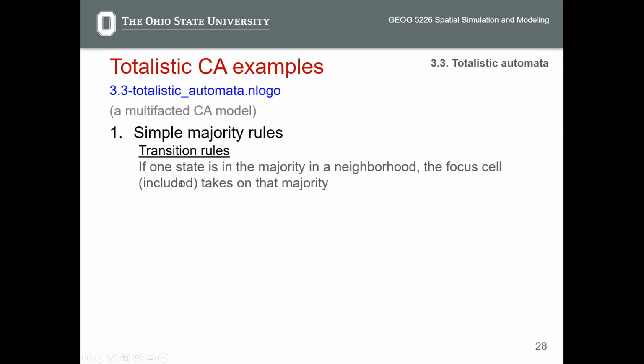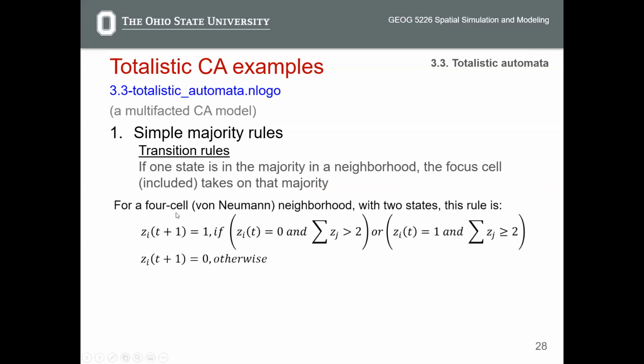So for a von Neumann neighborhood with 2 states, this rule is that the focal cell's state after 1 tick is equal to 1 if the sum of the neighborhood is larger than 2.